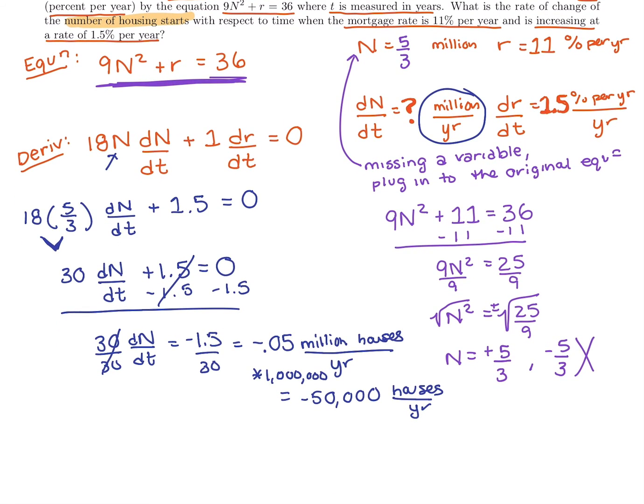So our conclusion, you want to say, what was the rate you're given? We're going to say, as the mortgage rate increases by 1.5% per year each year, what's happening?